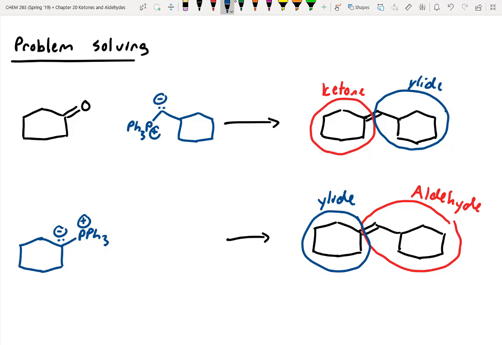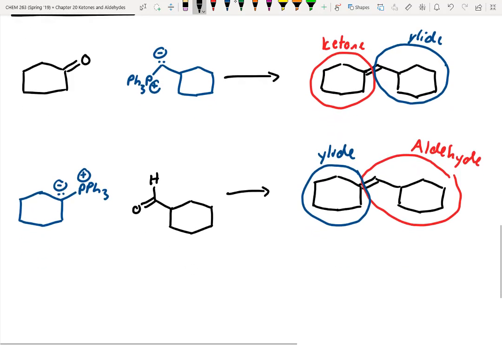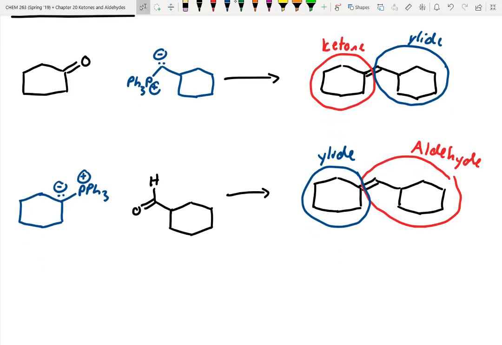Would look like that, right? So that carbon would add in. And then our ketone, or aldehyde in this case, excuse me, would look like that, right? You guys kind of follow along how both of these could theoretically give you the same product?